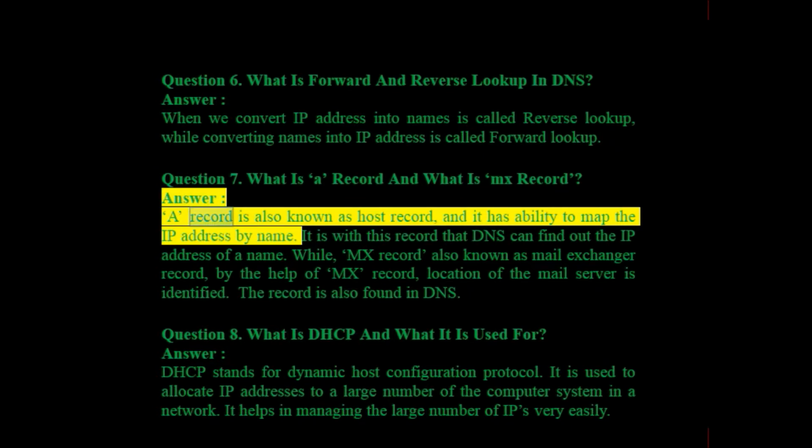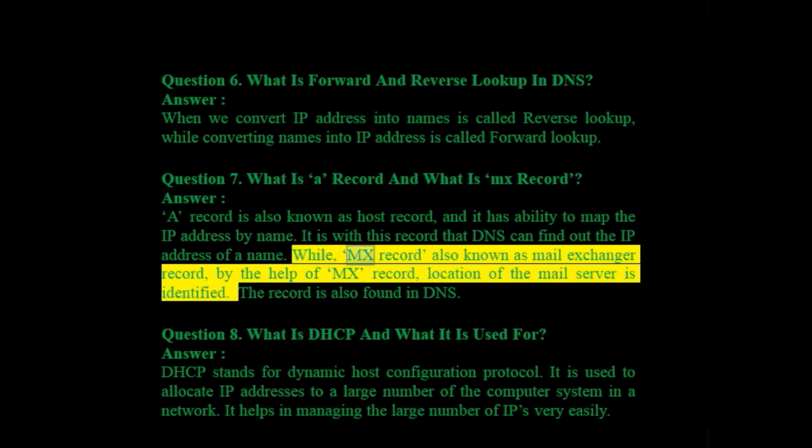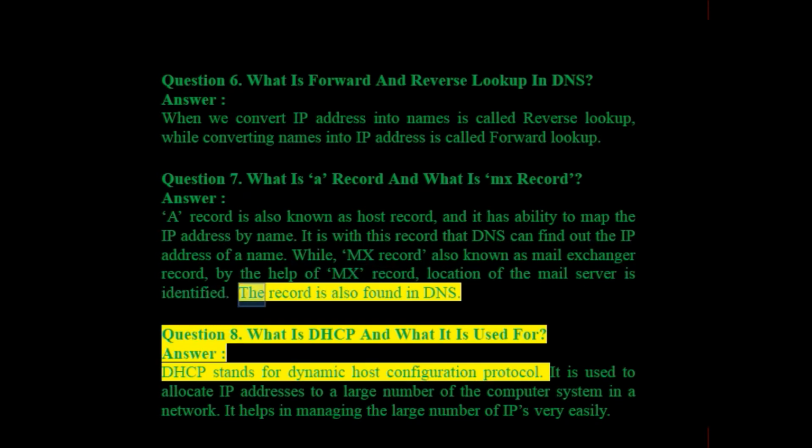Answer: A record is also known as host record, and it has the ability to map the IP address by name. It is with this record that DNS can find out the IP address of a name. While MX record, also known as mail exchanger record, helps identify the location of the mail server. The record is also found in DNS.